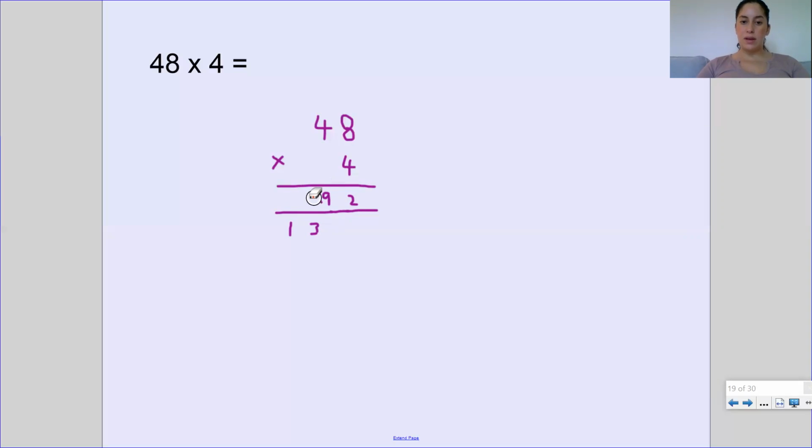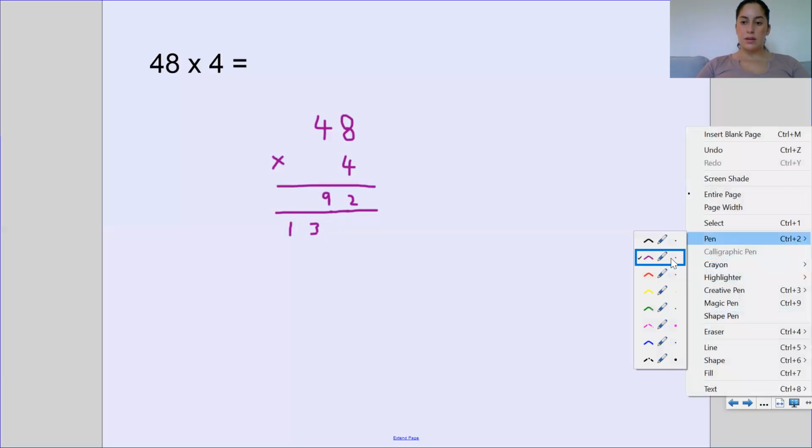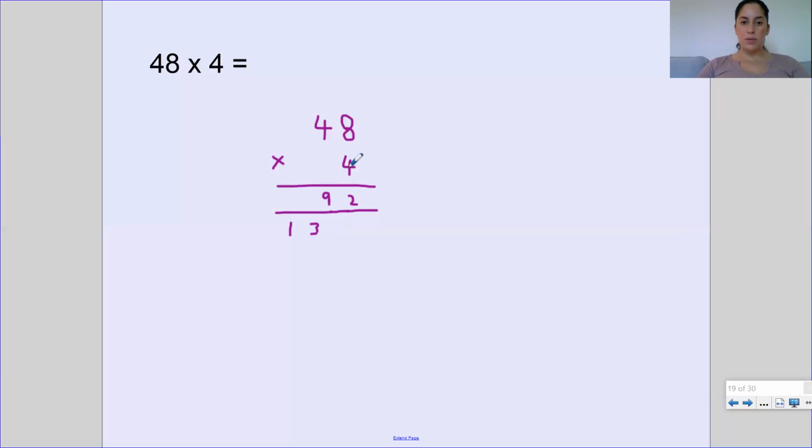Now I can see whether I've got any hundreds to multiply. I've got 4 here, but do I have any hundreds to multiply? No. So nothing plus 1 equals 1. So 48 times 4 equals 192.